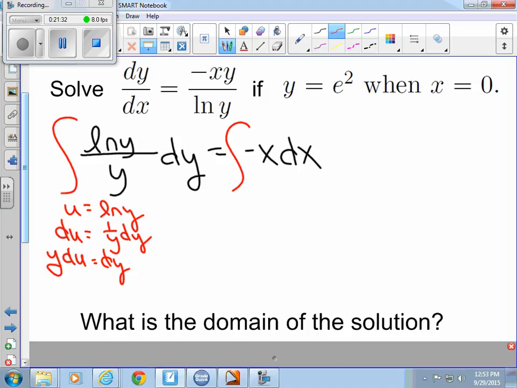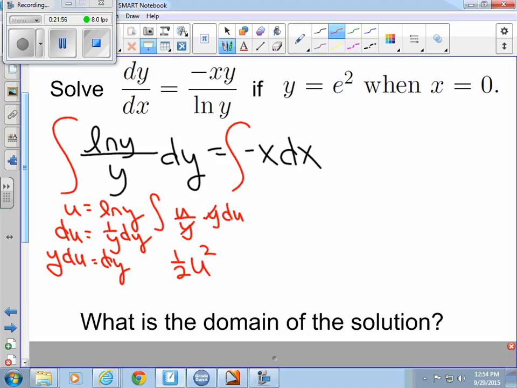So I get the integral of u over y times y du. The y's cancel. I can integrate u, which is 1/2 u squared.